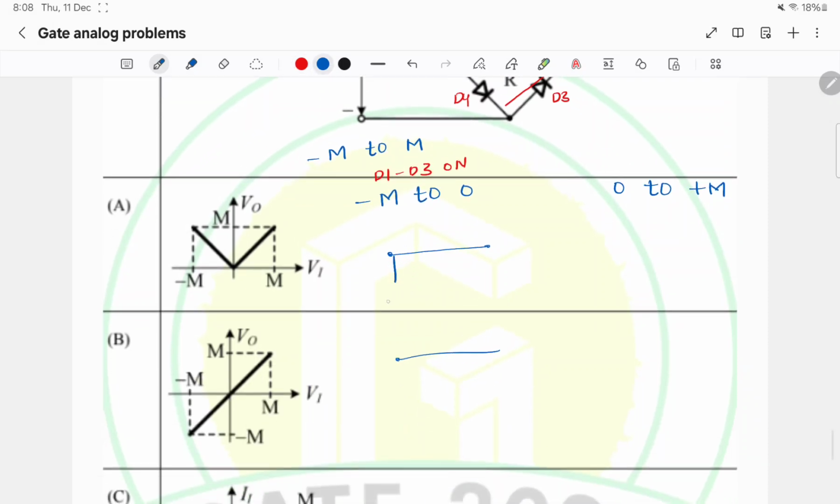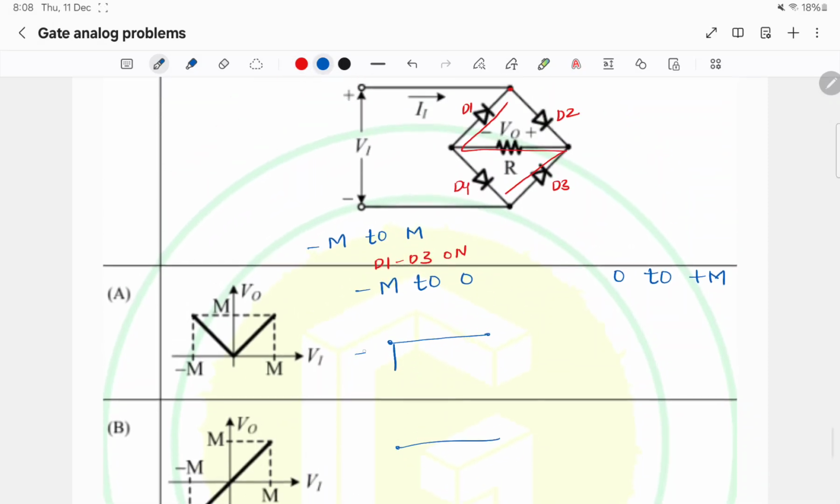So this is -Vm volts and resistor R, minus plus V0.